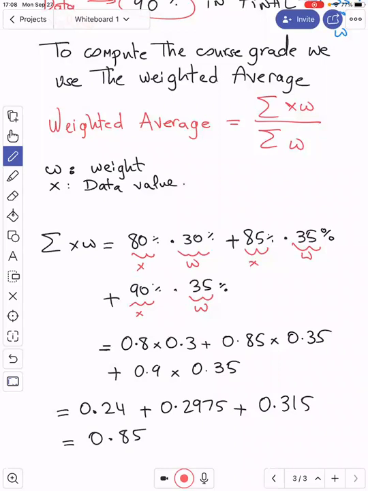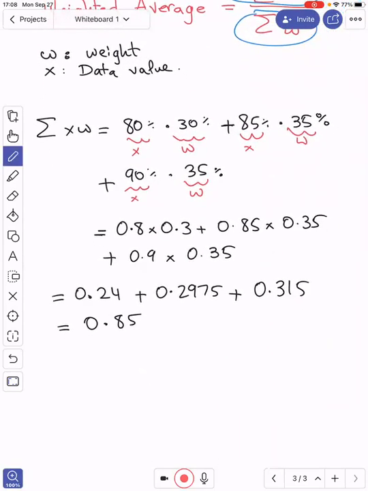Now, that's the top of the formula. In the formula of the weighted average, we have the sum of x times w, the data value times the weight, and in the denominator, we have the sum of the weights. So let's do the denominator. The weight of the homeworks is 30%.